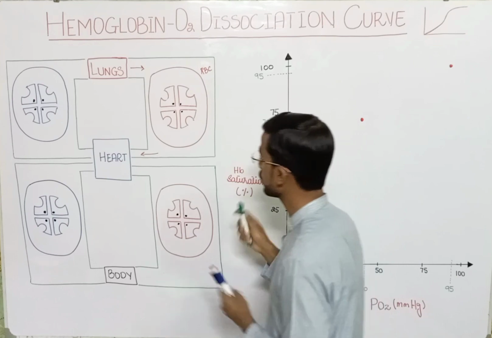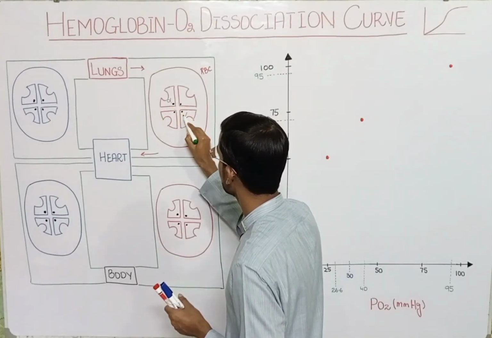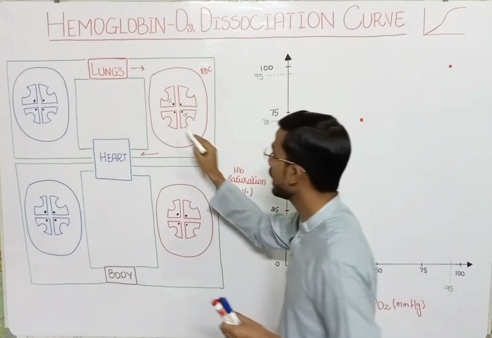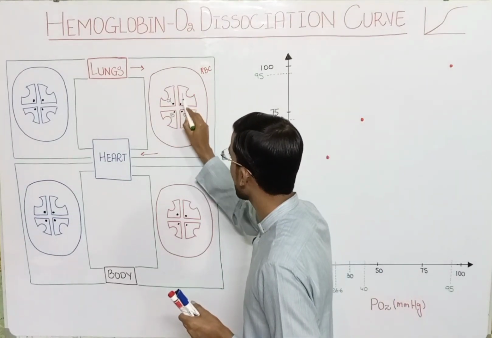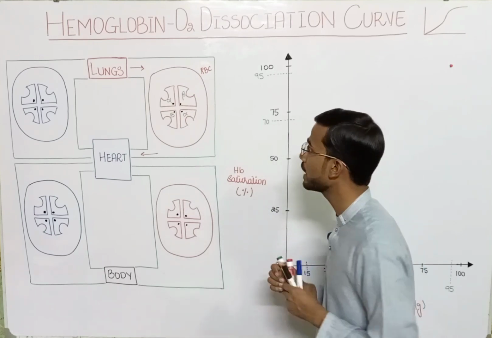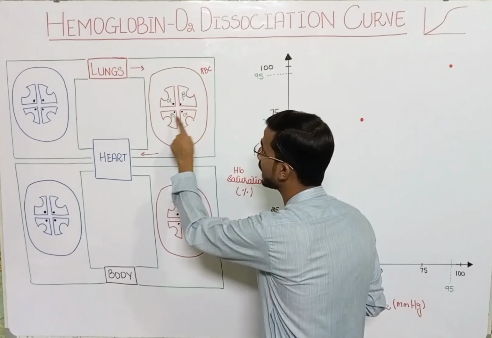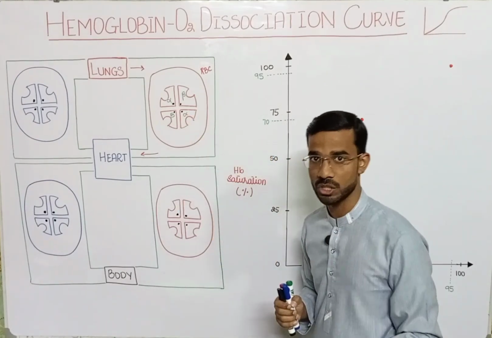Here you will see the 2 alpha globin chains and 2 beta globin chains. These are the 4 globin chains of the hemoglobin, and each chain consists of one heme group.